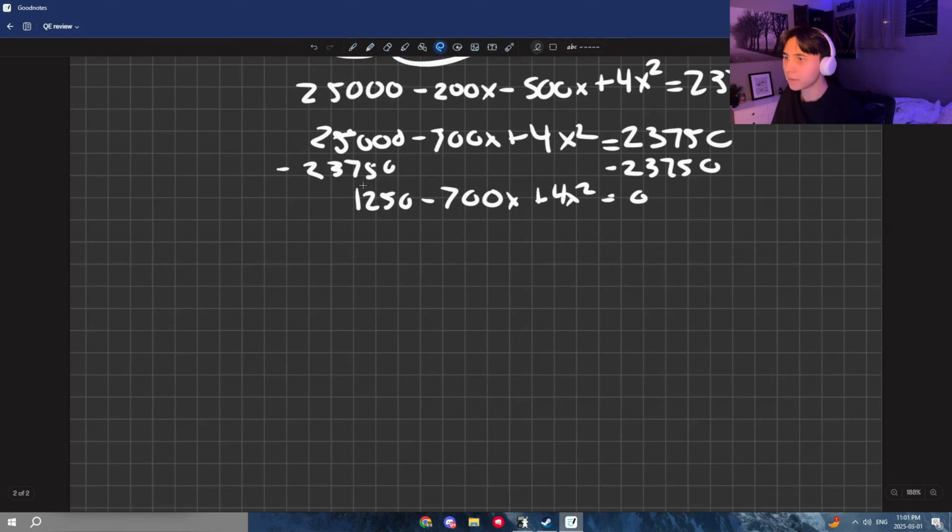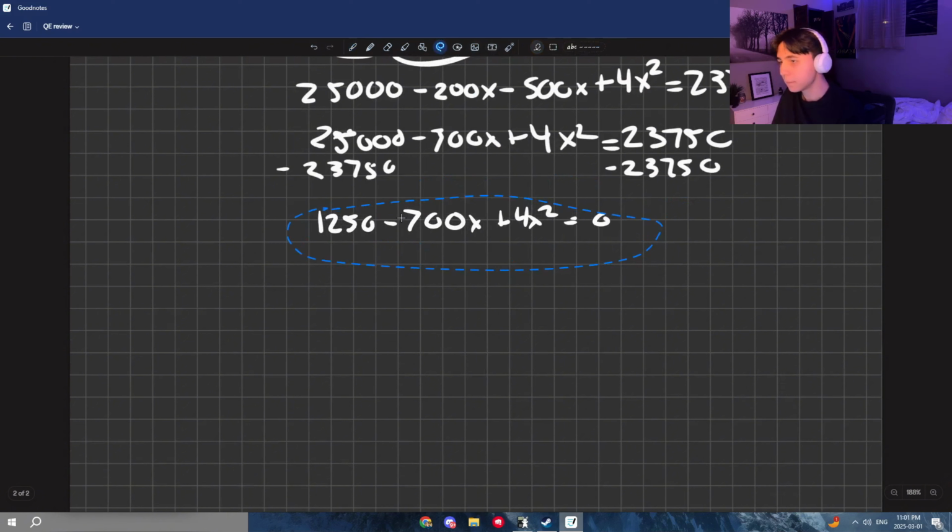So now there's a couple ways you can solve this quadratic, but the way I'm going to use is the quadratic formula, since factoring doesn't make sense, and completing the square would be a bit tedious here.